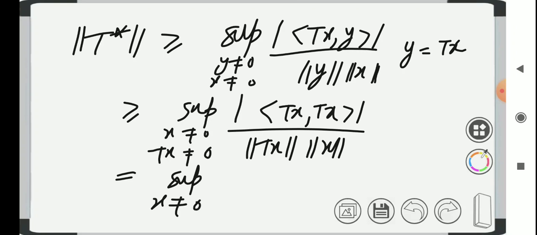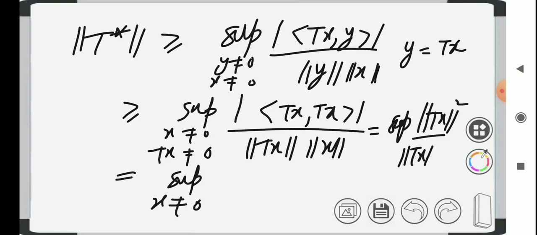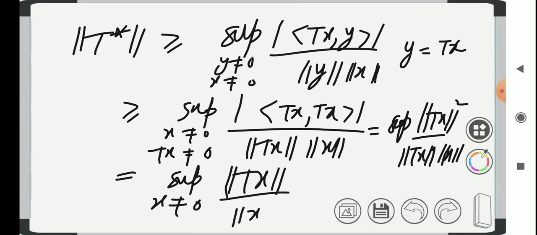The inner product of Tx with itself is simply norm Tx squared, so this is the supremum of norm Tx squared over norm Tx times norm of x, which I can write as norm Tx over norm of x, which is simply the norm of T.